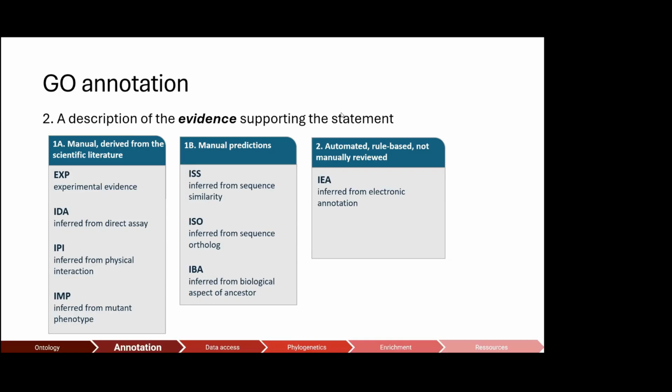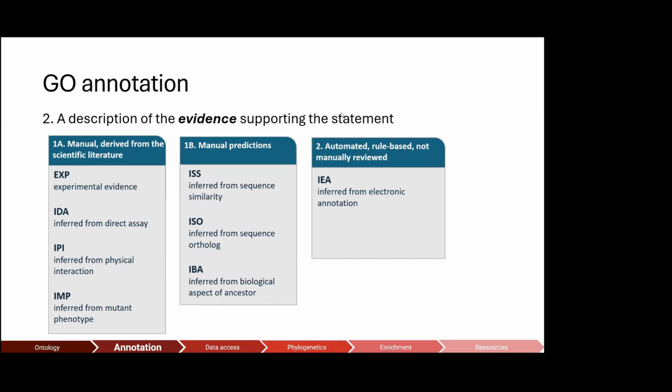If a human protein has a kinase activity and the mouse protein is very close to this human protein, you can assign this kinase activity to the mouse protein. You can also have inferred from sequence orthology in the same way. And the IBA is inferred from biological aspect of ancestor. It's from phylogenetic trees, and Mark will talk about it in more detail later on.